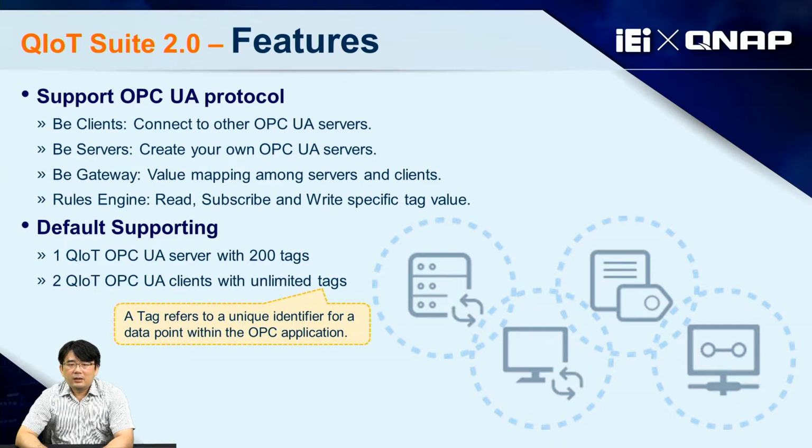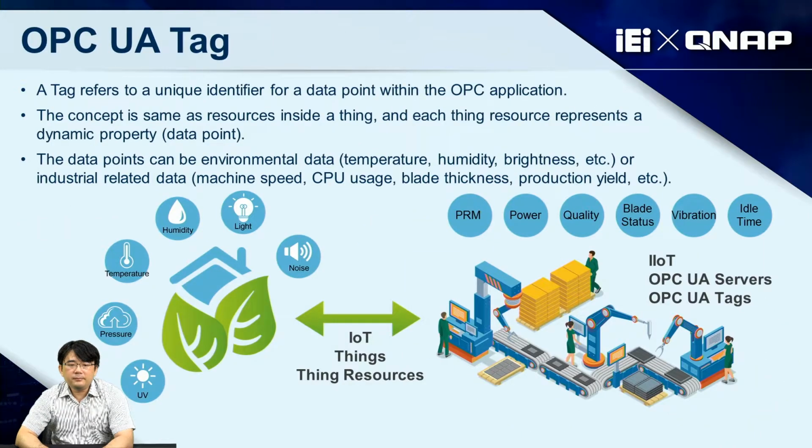What is a tag in OPC terminology? A tag is a reference to the unique identifier of the data point within an OPC application. It marks real-time data used for reading and writing the data source. The OPC-UA tag: a tag references a unique identifier for a data point within the OPC application.